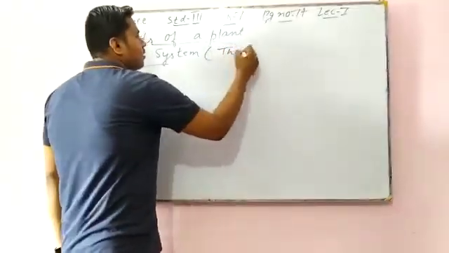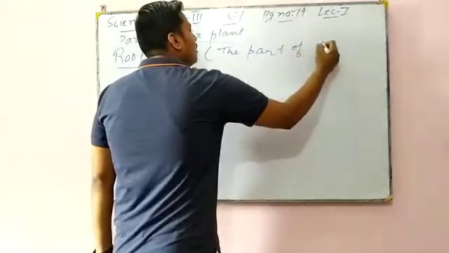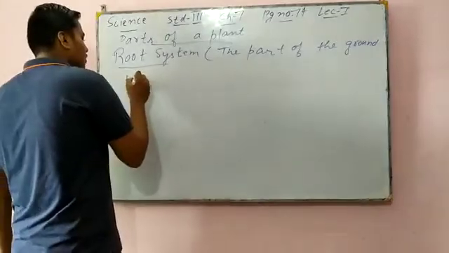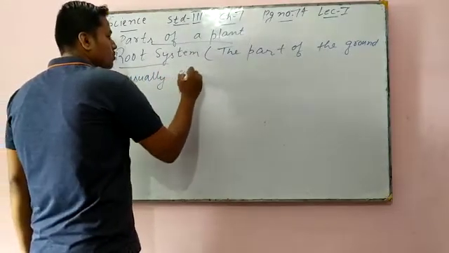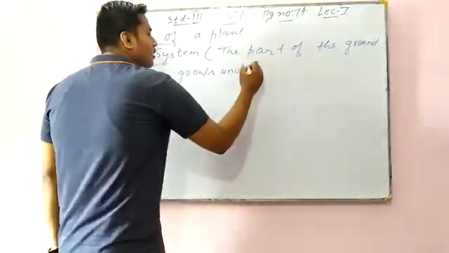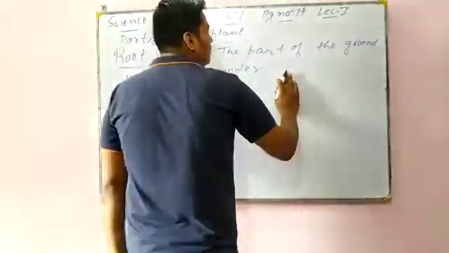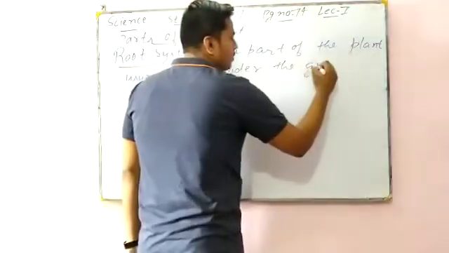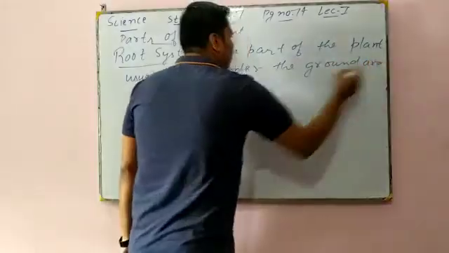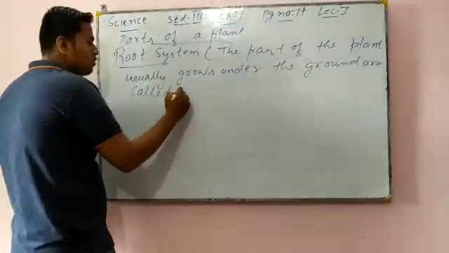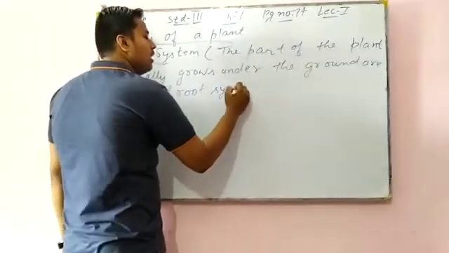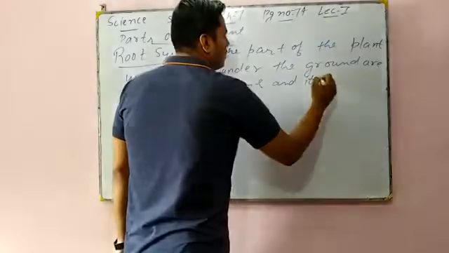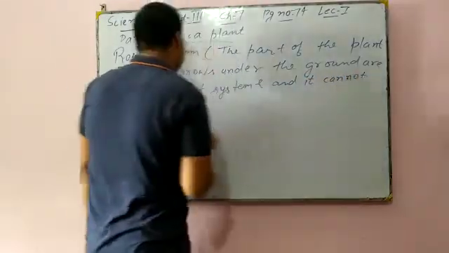The part of the plant that usually grows under the ground is called root system, and it cannot be seen.